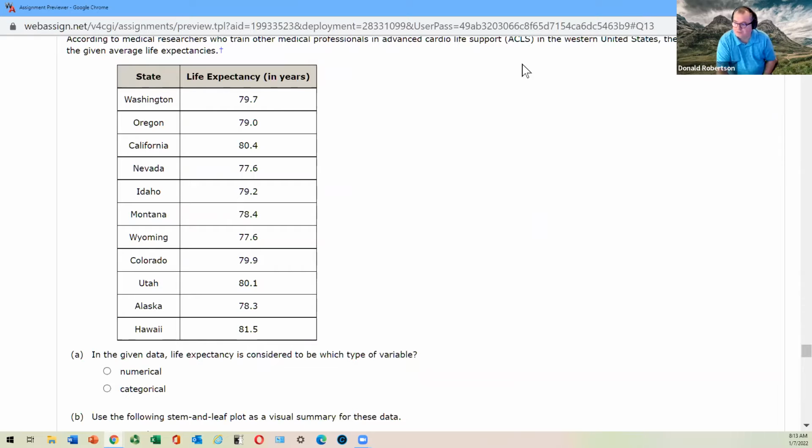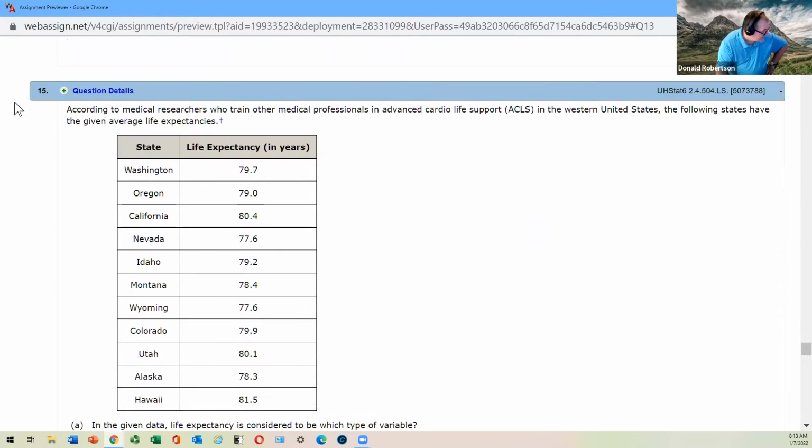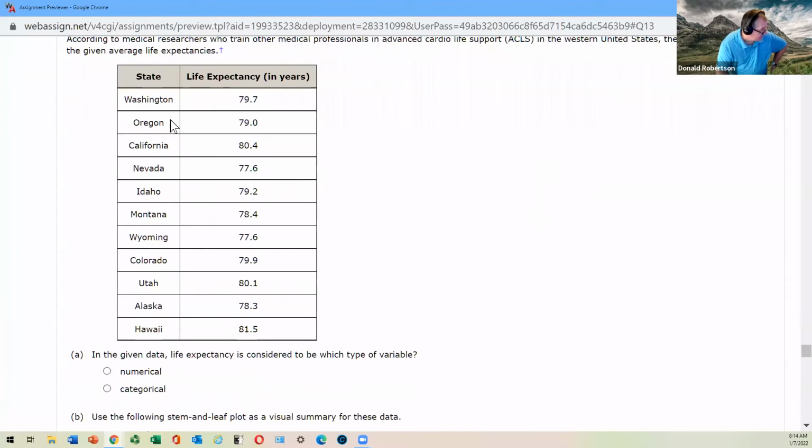So far, so good. Just finishing off these questions here. Question 15. According to medical research who train other medical professionals in advanced cardiac life support, ACLS, in the Western United States, the following have the given average life expectancy. Hawaii, 81.5.